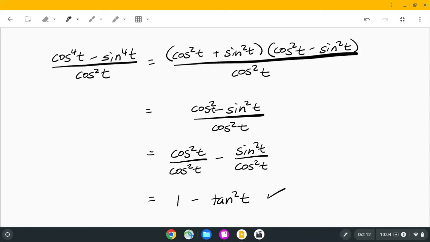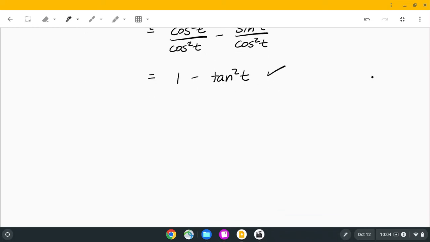My problem has 1, 2, 3, 4, 5, 6, and mine has 7. So I introduced secant. All right. Let's try another one that's a little more complex.